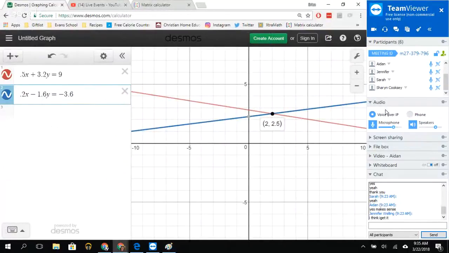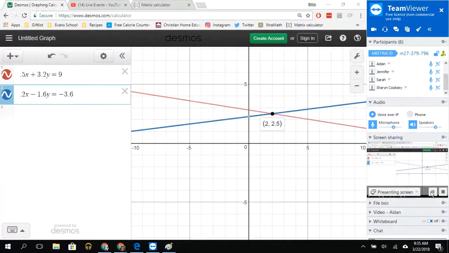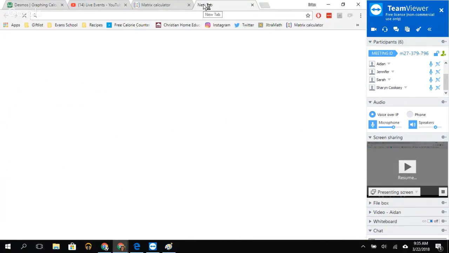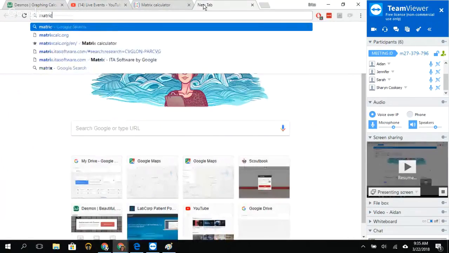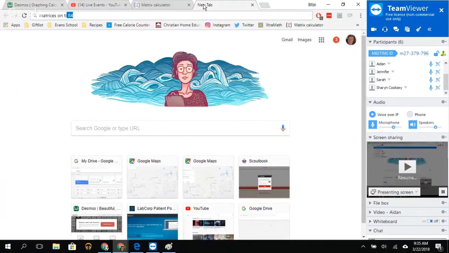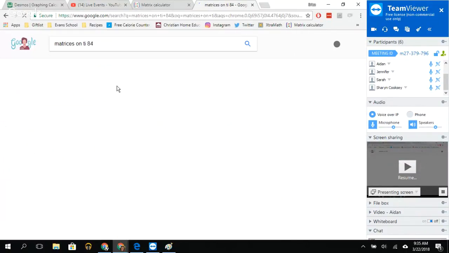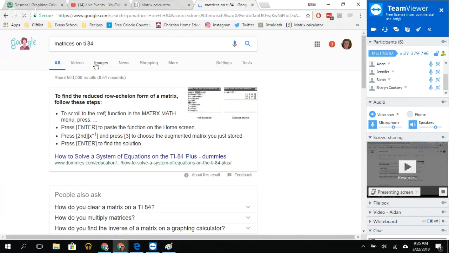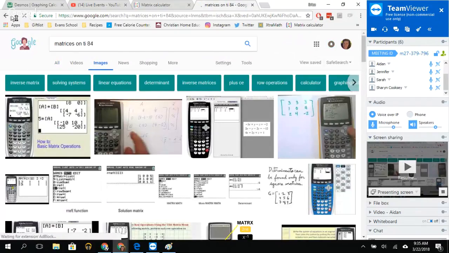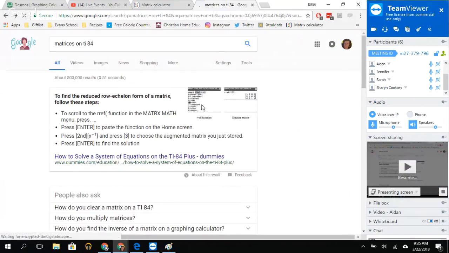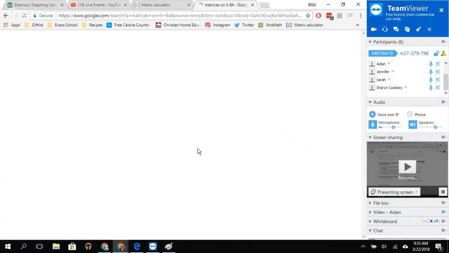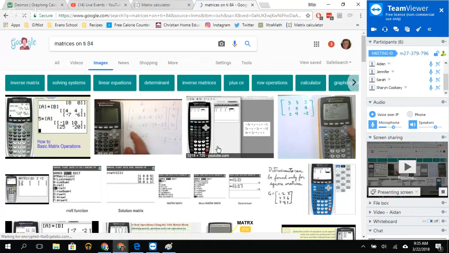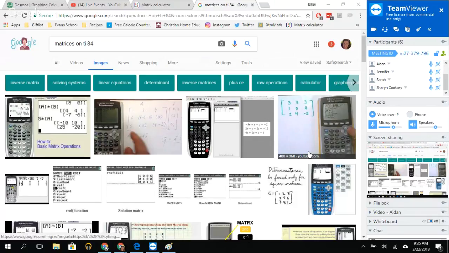So give me 1 second. I'm going to pause the screen for 1 second. I'm web searching for matrices on a TI calculator so that I can show you where it's at.